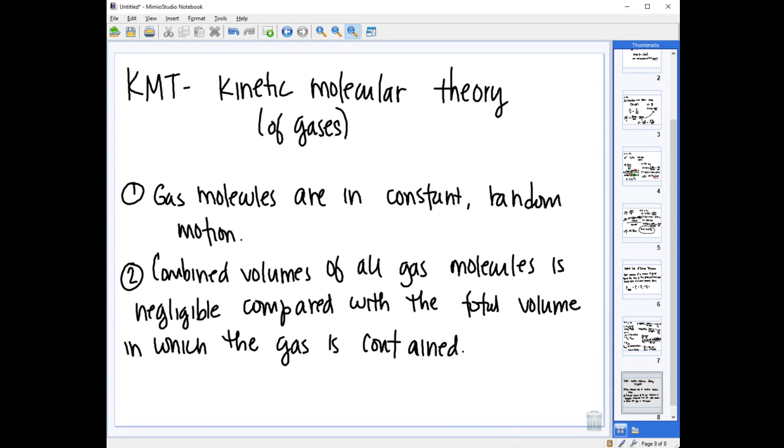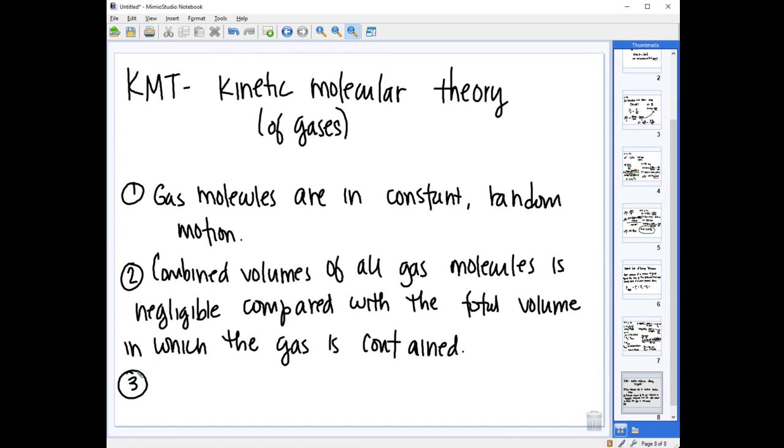Well, we say gases expand, and so now we're going to say, oh, we have 1 million liters of gas. But if you really get down to the nitty-gritty about it, you still only have 1 liter of gas. So the combined volumes of all of those gas molecules in there is negligible compared with the total volume of the container. Okay, so we have to just remember that, and again, this is a model, right?